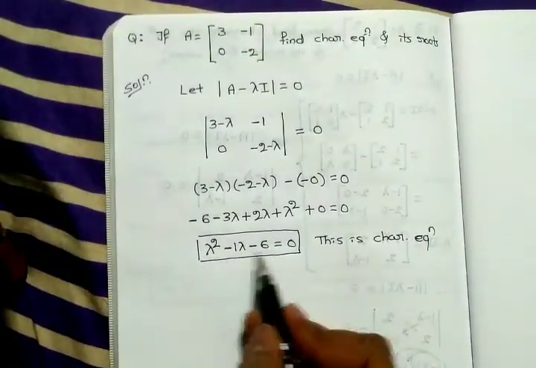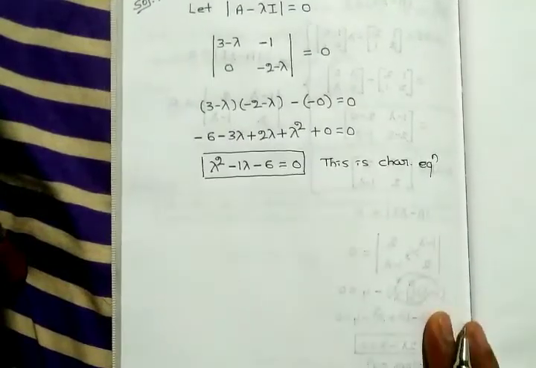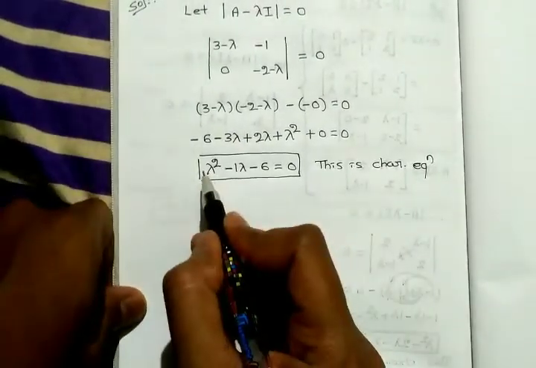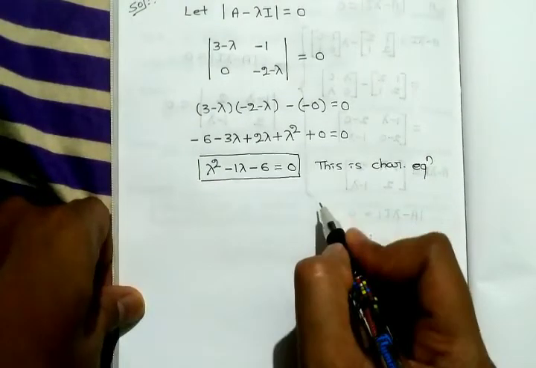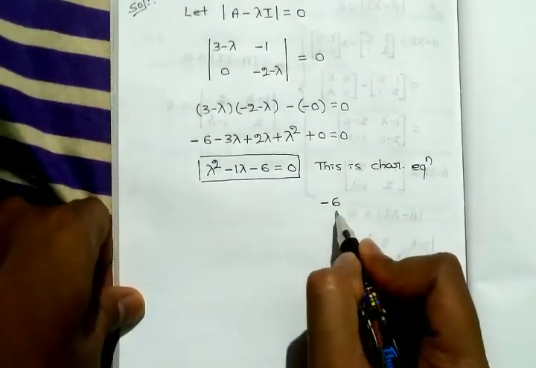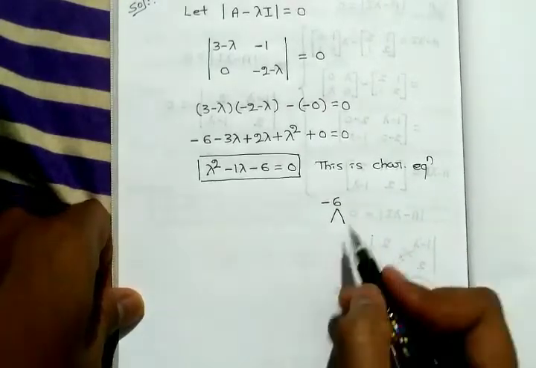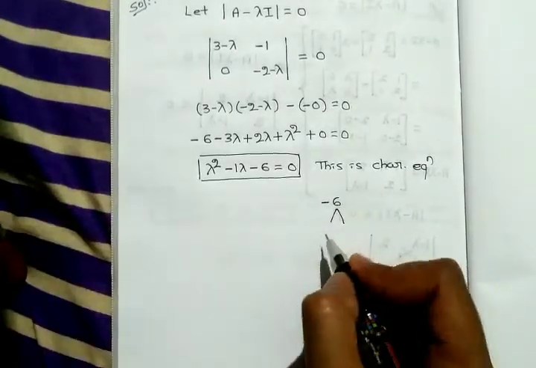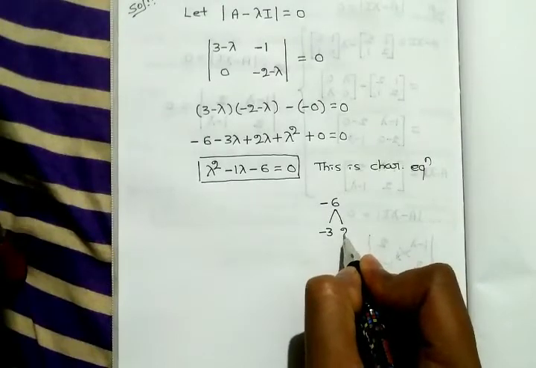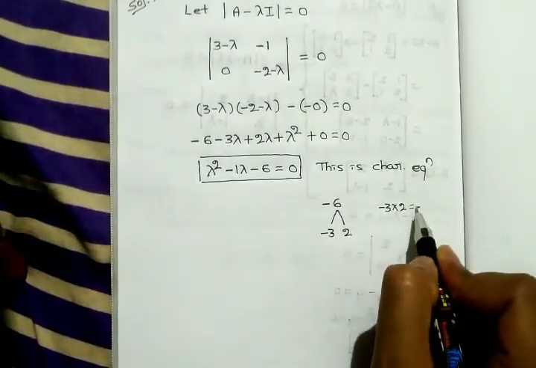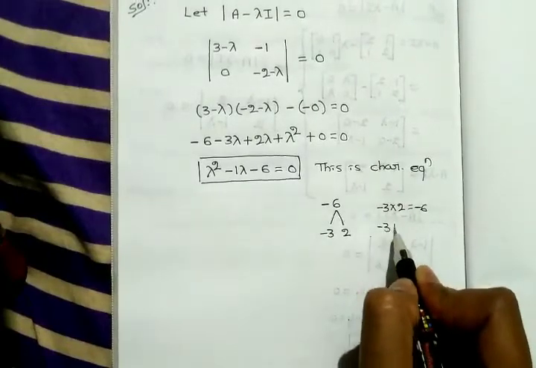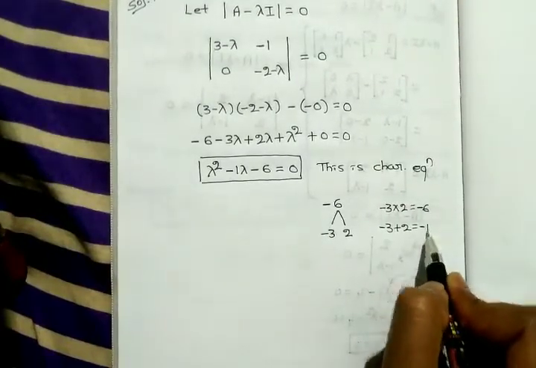Next, for this characteristic equation we are going to apply the factorization method. Here, beside lambda square nothing means 1 is there. 1 into minus 6 is minus 6. Next split up: here I take minus 3 and 2, because minus 3 into 2 is minus 6. Minus 3 plus 2 is minus 1.